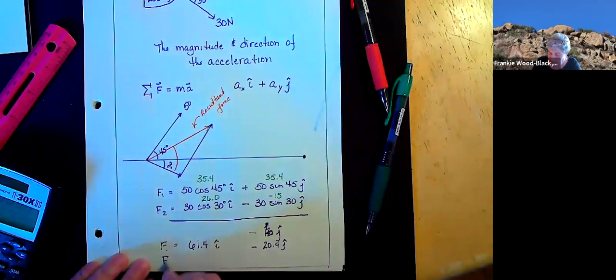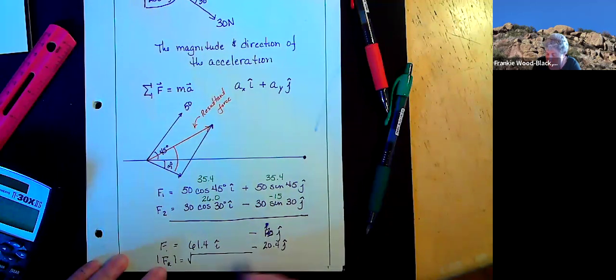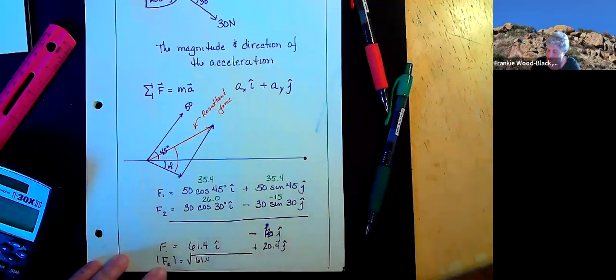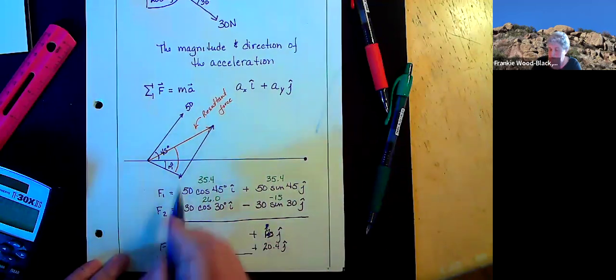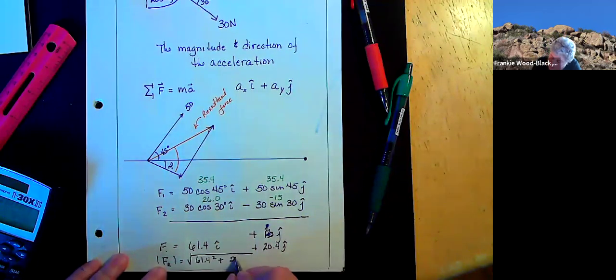I can calculate the magnitude. That's the square root of 61.4 squared, plus 20.4 squared. I knew something was wrong, because it was above there.